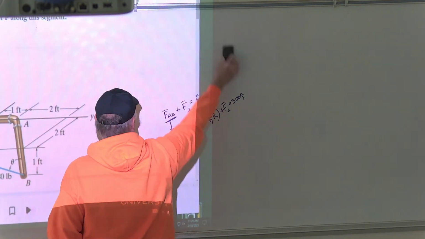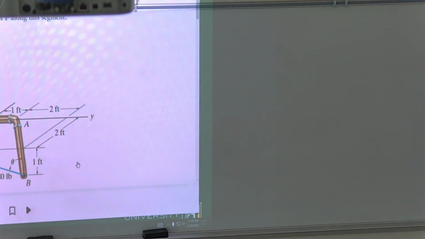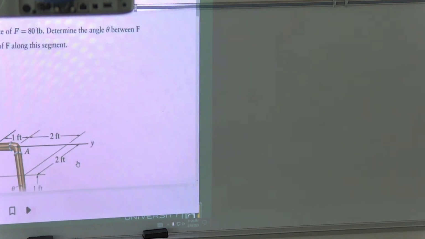So dot products come in with angles a lot of times. Okay, let me slide down. Okay, so he says the pipe is subject to the force 80 pounds. Determine the angle between F and the pipe segment, and the projection of F along this segment.